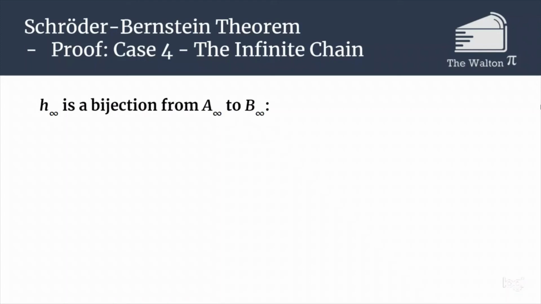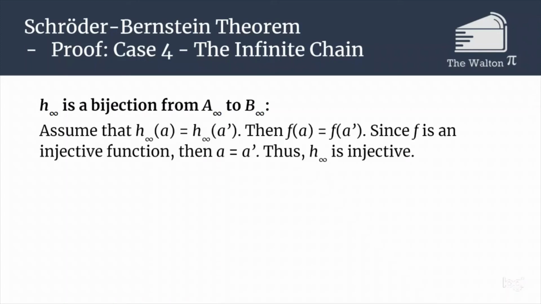Okay, let's go through this one together. So we start by assuming that h sub infinity of a is equal to h sub infinity of a prime. That tells us that f of a is equal to f of a prime, and since f is an injective function, that tells us that a must be equal to a prime, which tells us that h sub infinity is injective.